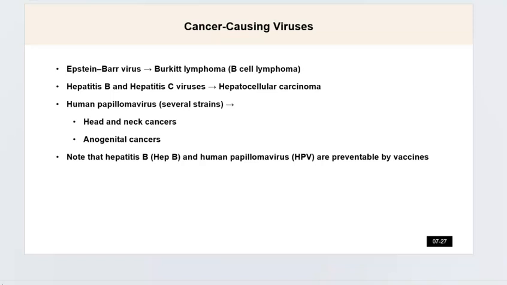So that's why we created the vaccine for HPV. If we can prevent you from even getting HPV, we can decrease your risk of getting those kinds of cancers. And what they're saying here is that hepatitis B and HPV are preventable by vaccines.